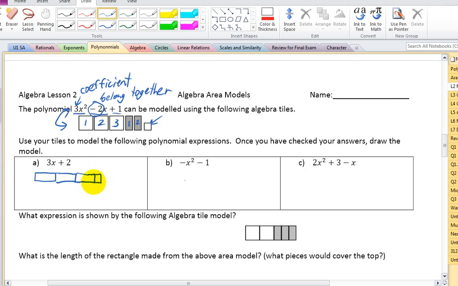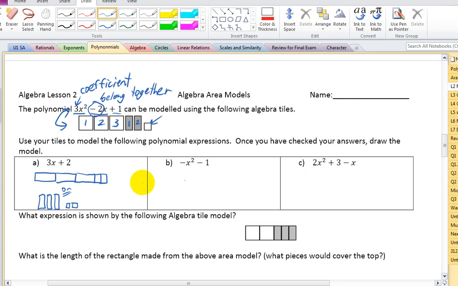Now you have a 3x + 2 length. Or you can just draw 3 x squared tiles side by side and 2 little ones. But I had some grade 10s tell me that, oh, these are the exact same, right? And they're not. So you've got to show a clear difference when you're drawing them. Any questions? Okay, try the next one.